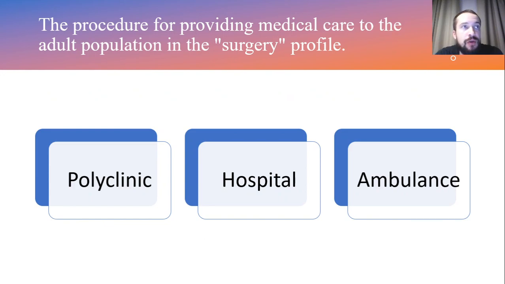And I think that's all when the patient can take the ambulance and go to the hospital. After the hospital, after the ticket, all patients go to polyclinic, and this is a medical care of the surgery profile.